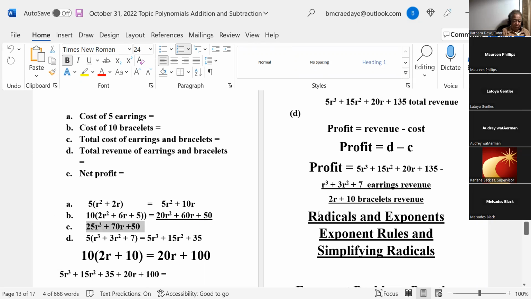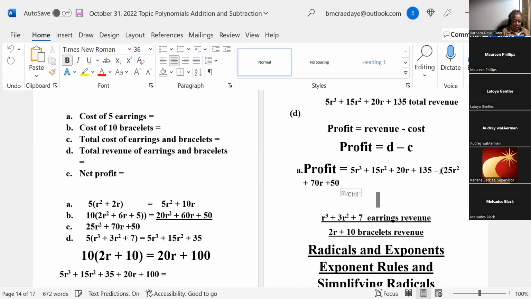Also, you're gonna subtract. Oh, I see. You said 25R. Use what we already have, right? The 5R to the second power. But we got to subtract the 25R to the power 2 from 5R to the power 3.